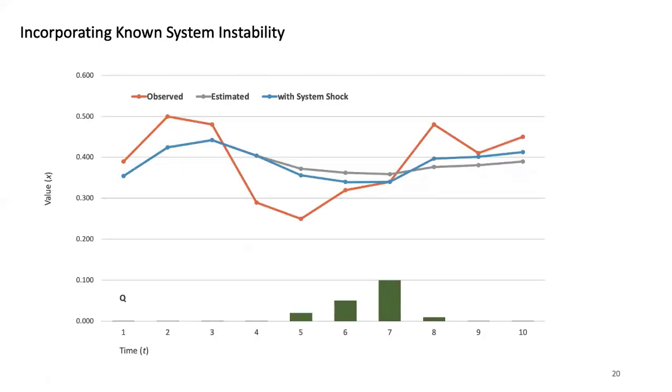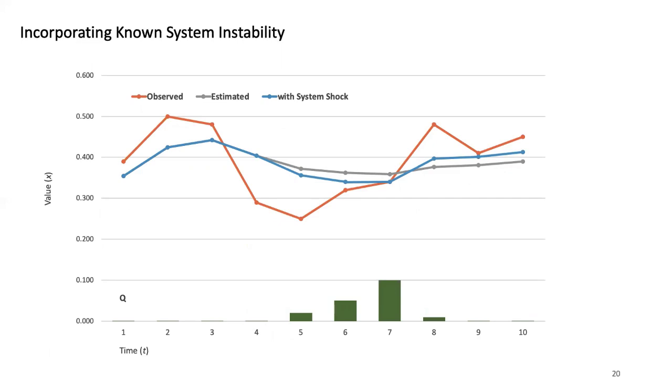What happens when we look at these Kalman smooth results is that in 5, 6, 7, and 8, because I know there is a system shock, potentially I should trust the observed value more.